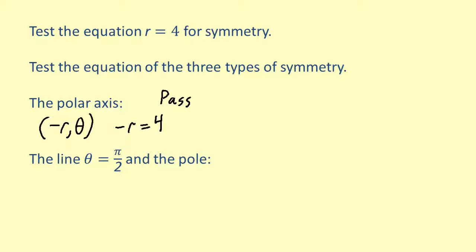Since there is still no theta in r equals 4, replacing r with negative r and theta with pi minus theta also gives negative r equals 4. This means that r equals negative 4 is equivalent to r equals 4. Therefore, replacing r with negative r gives an equation equivalent to the original equation. So r equals 4 passes the tests for the line theta equals pi over 2 and the pole.